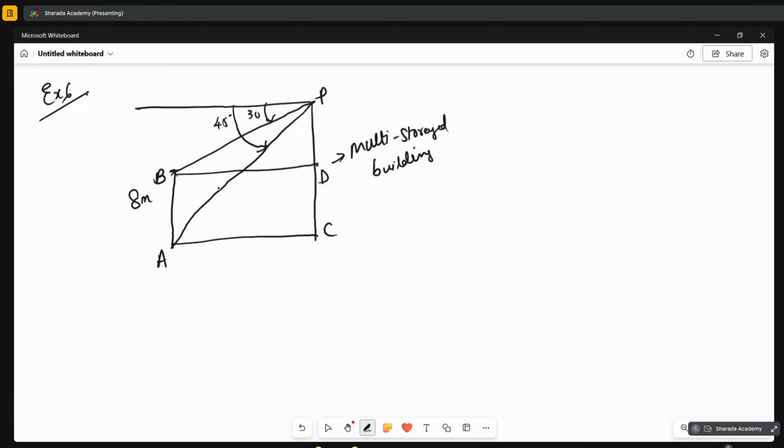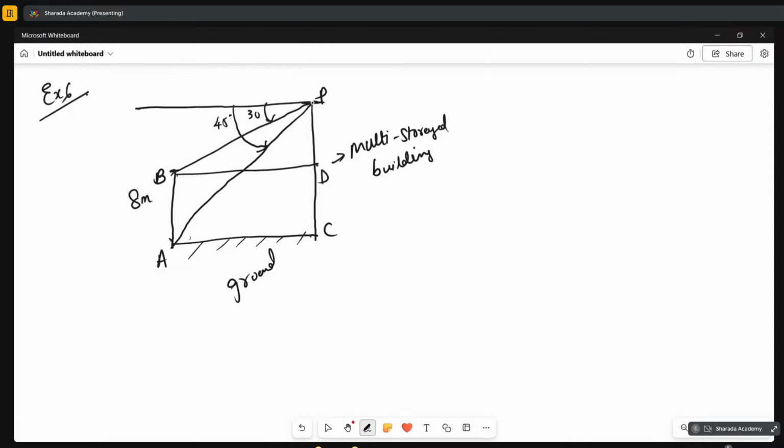First thing, there is an 8-meter building, and any building will be at 90 degrees with the ground. So this portion is the ground we consider. Then there is another multi-story building. The angle of depression is taken from the top.